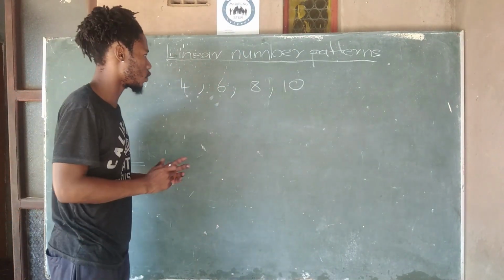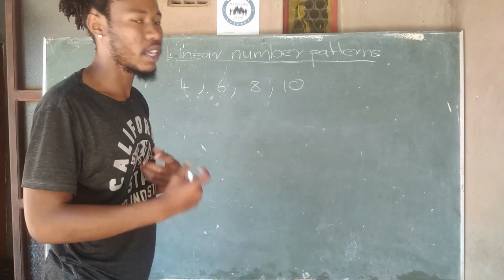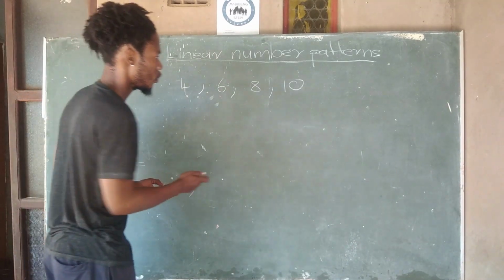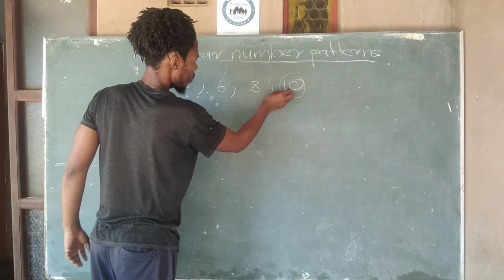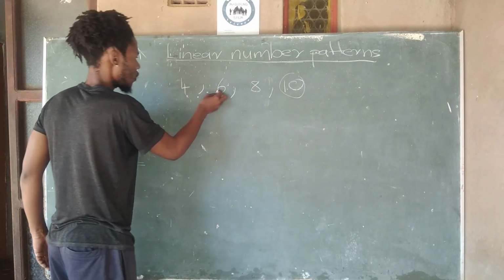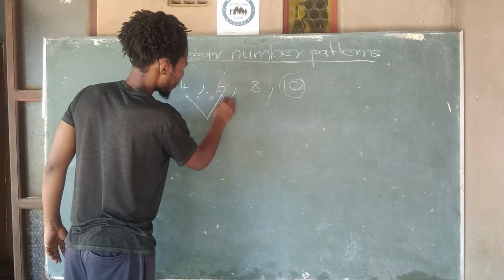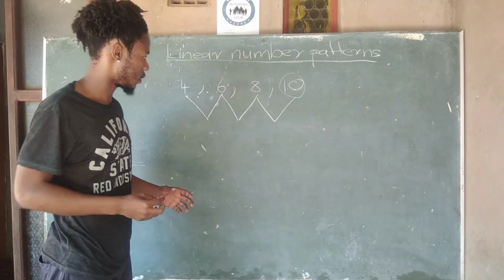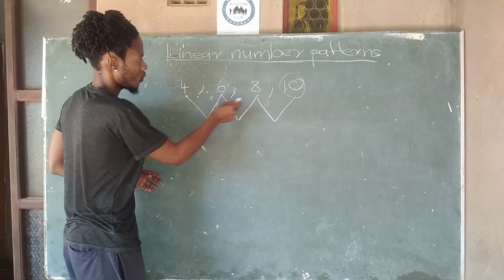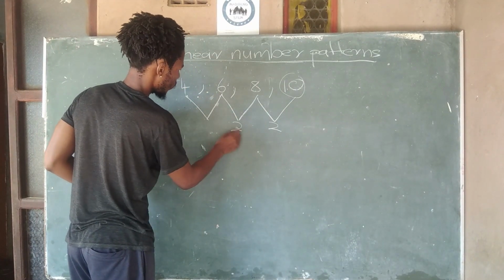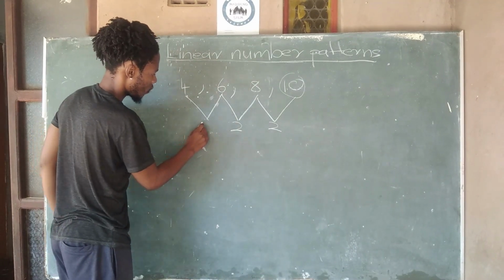So first thing you're going to do, you start by looking for your common constant difference. You subtract 8 from 10, 6 from 8, 4 from 6. That's how you look for your constant difference. So 10 minus 8 is 2, 8 minus 6 is 2, 6 minus 4 is 2.